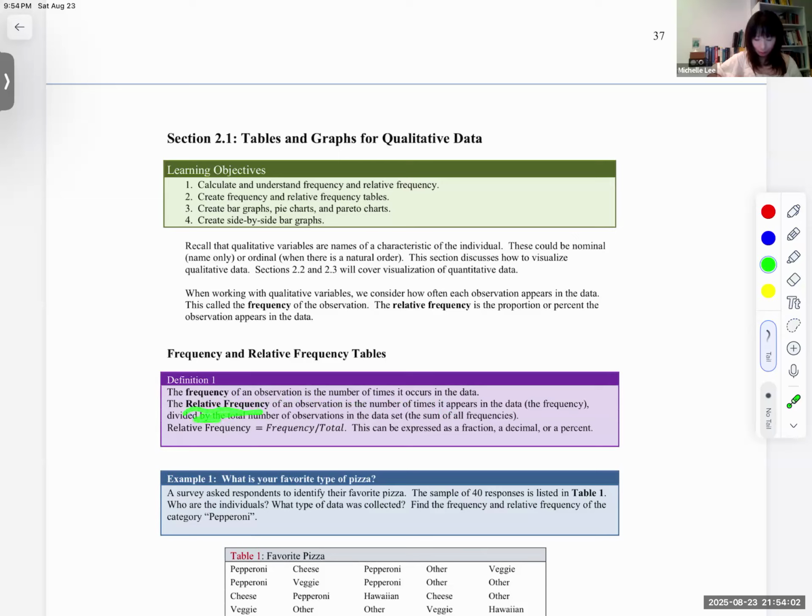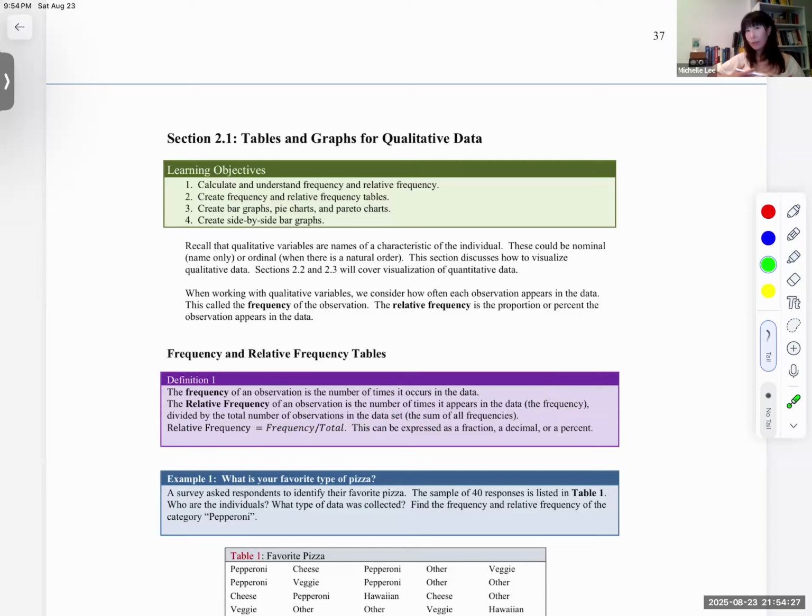The relative frequency of an observation is the number of times it appears in the data, that's the frequency, right? And then we divide by the total number of observations in the data. So that means the sum of all frequencies.